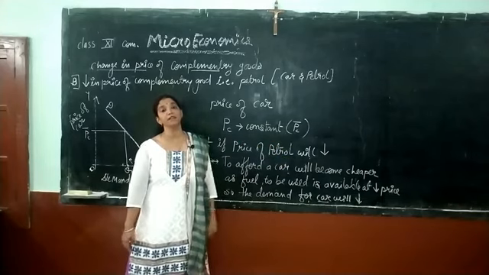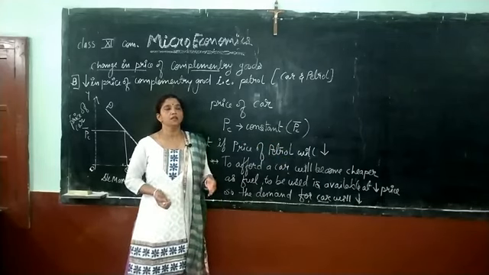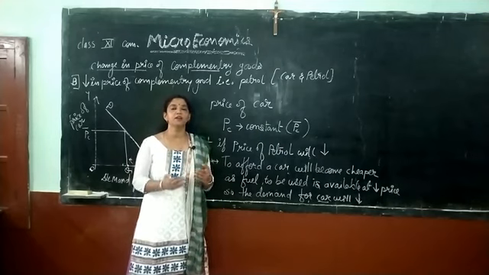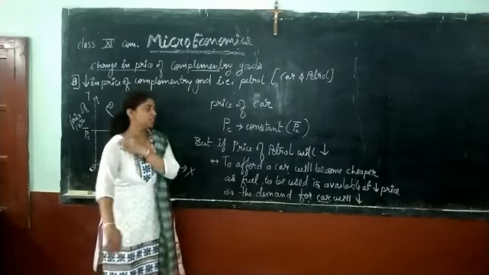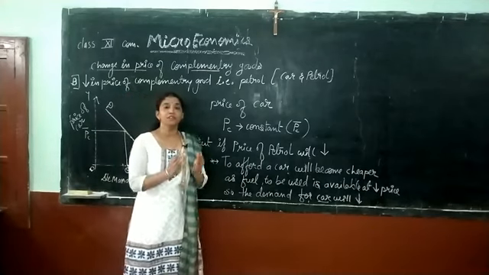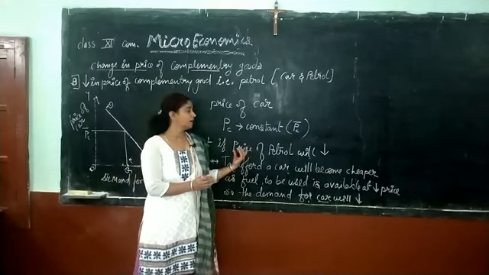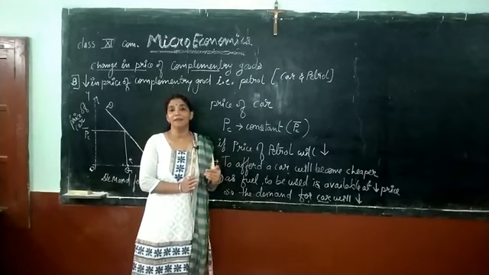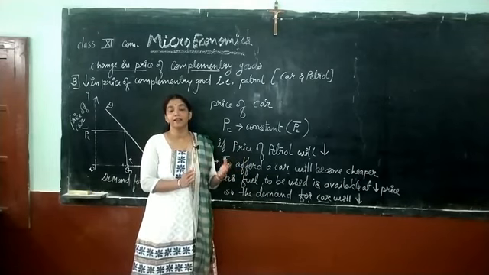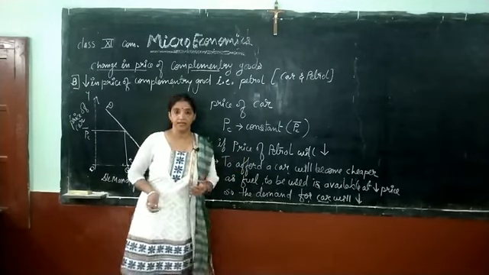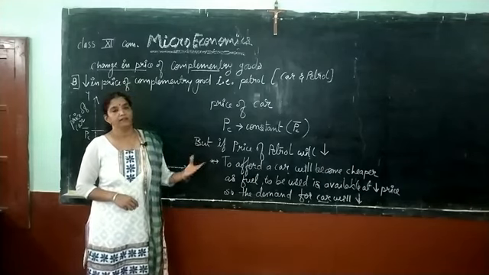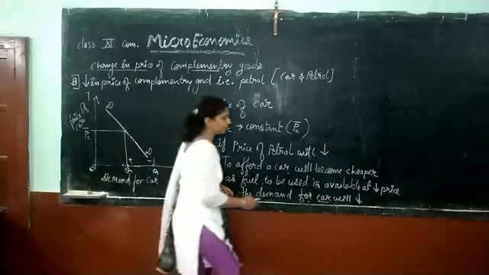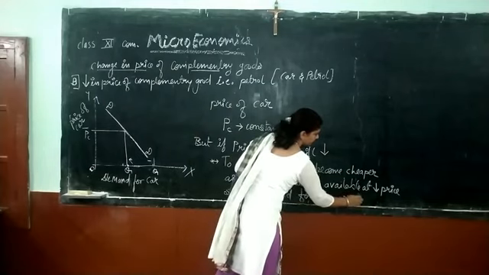If the price of petrol decreases, it means that affording a car will be cheaper for a consumer, because the fuel to be used in the car will be available at a lesser rate. That's why the demand for the car will rise.